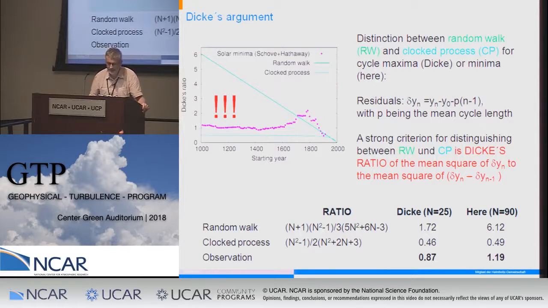And for a random walk process, if you take the starting year here and you take the n, this should go in the limit to n over 15. For a clocked process, this should go to a value of 1/2. And now I took the data from Chauvet. I know it's disputable if we can take the data from Chauvet for the solar minimum.